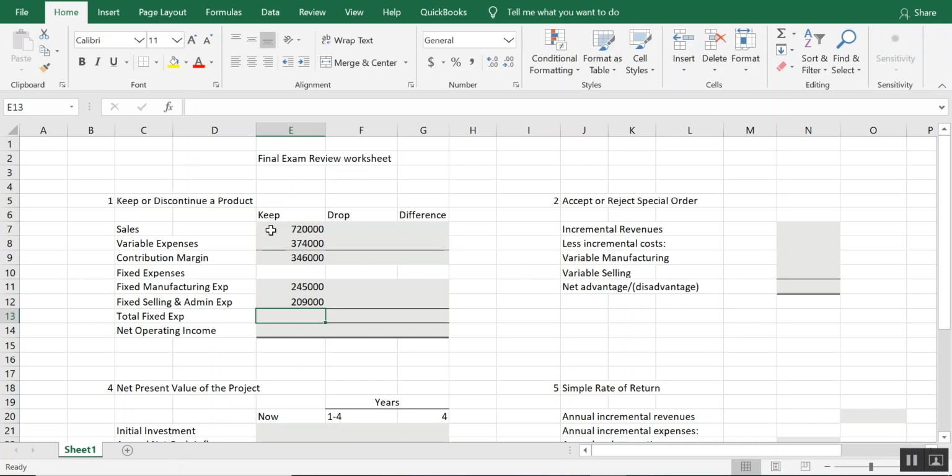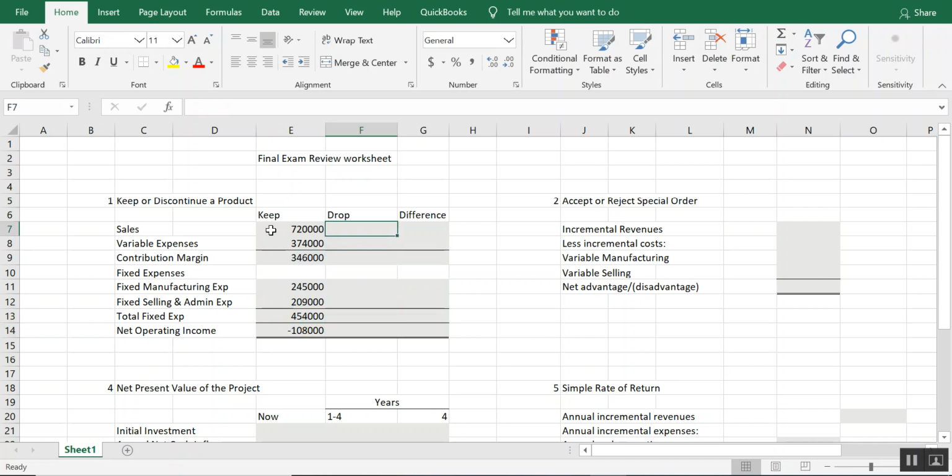So the total fixed expenses will be 454,000, so that we'll have a net loss of 108,000 for the product.